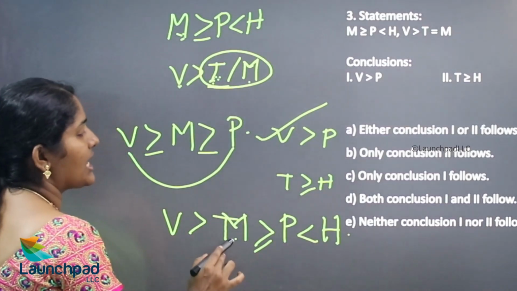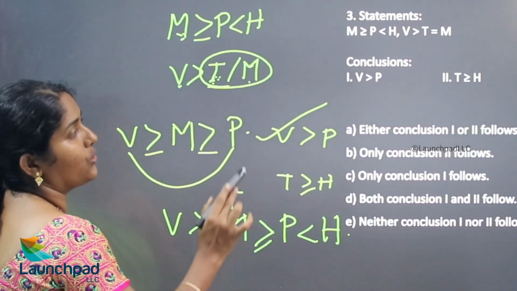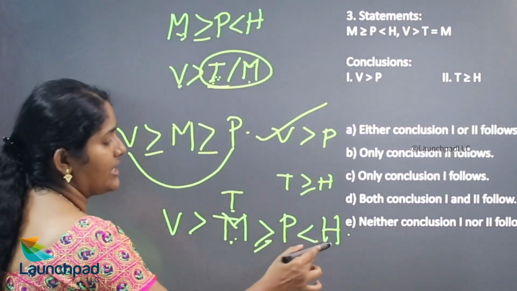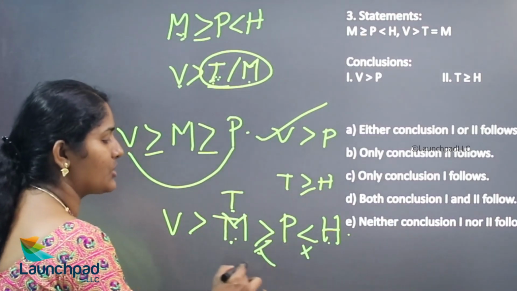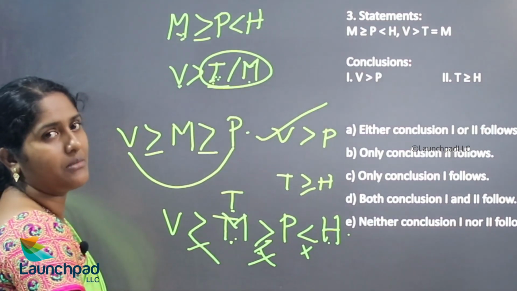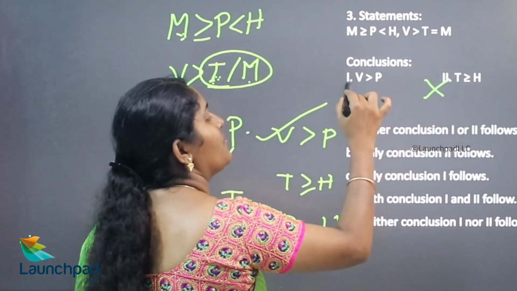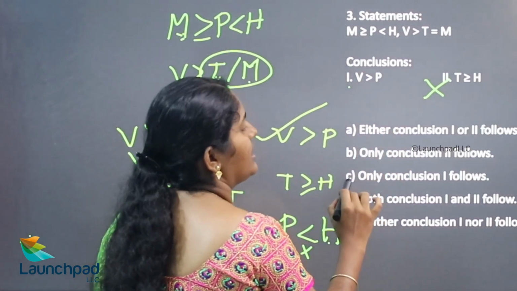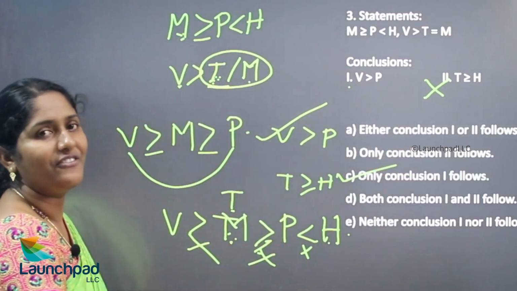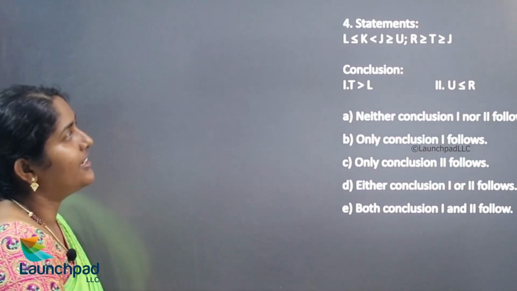So instead of M I can use T also. T is greater than or equal to H. Does any common symbol occur between T and H? No. Hence it is wrong. Only one conclusion follows here. We'll move on to your next question.